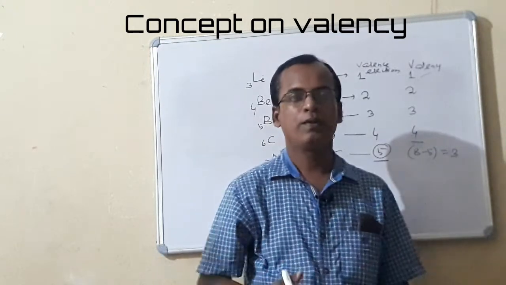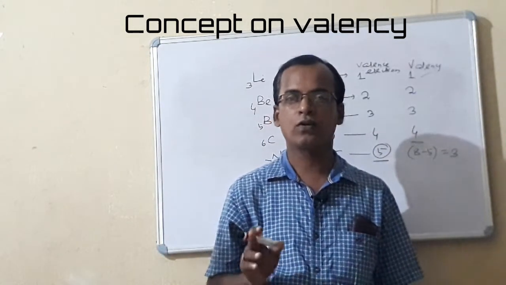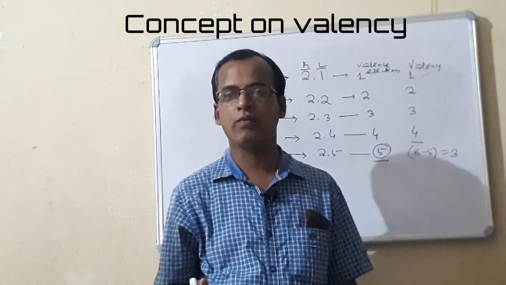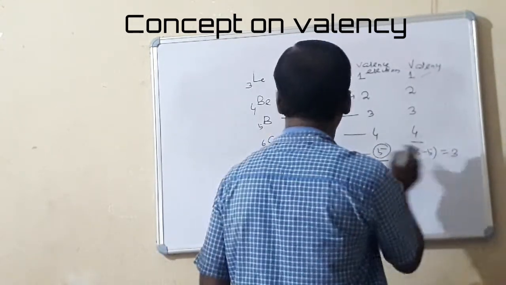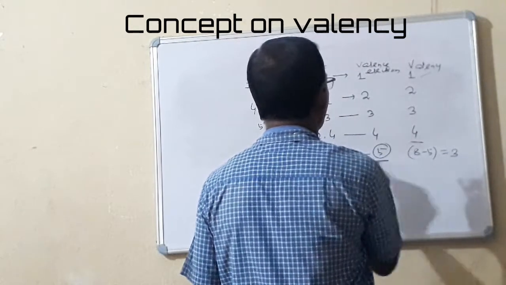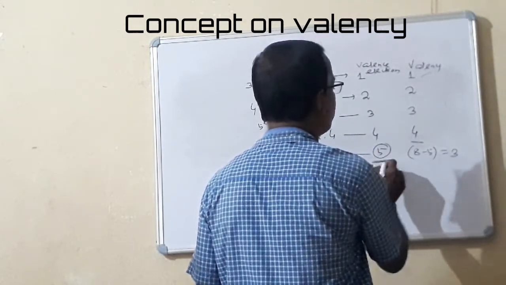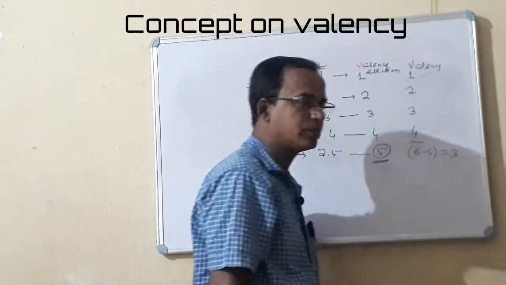But if the number of valence electrons is 5 or more than 5, then its valency is 8 minus that number. So in nitrogen, the number of valence electrons is 5, so its valency is 3.